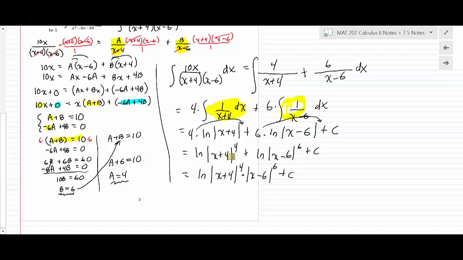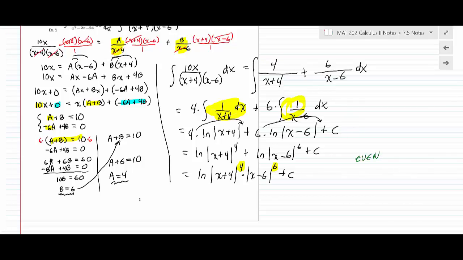The other thing you can do on this problem is that these are even exponents. There's a reason why we have the absolute value: you can only take a log of a positive number. But what happens if you take any number to an even power? What do you get? Positive. So since they're both even exponents, you would go ahead and not write your answer that way.